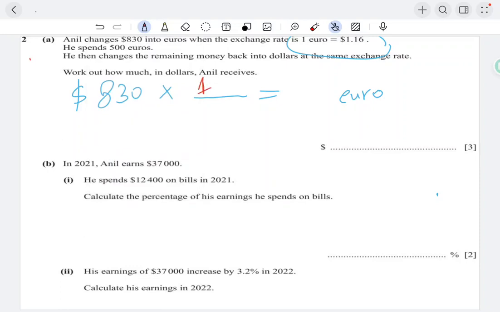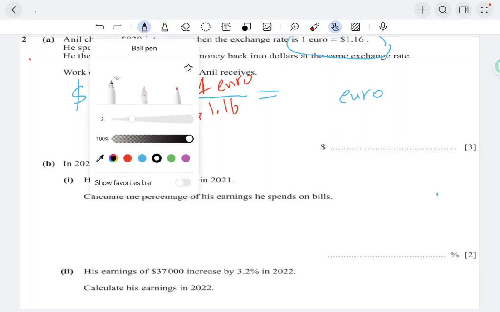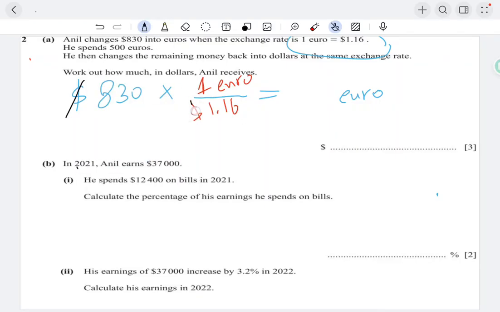€1 up and $1.16 down. And now you can cancel dollar with dollar, because I don't need dollars anymore. I need euros. And then multiply 830 by 1, then divide by 1.16. So 830 by 1 is 830, divide by 1.16.